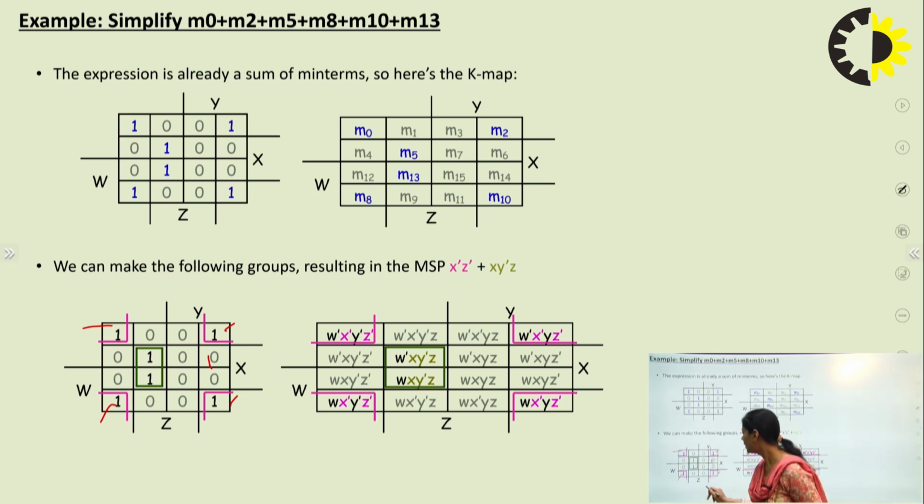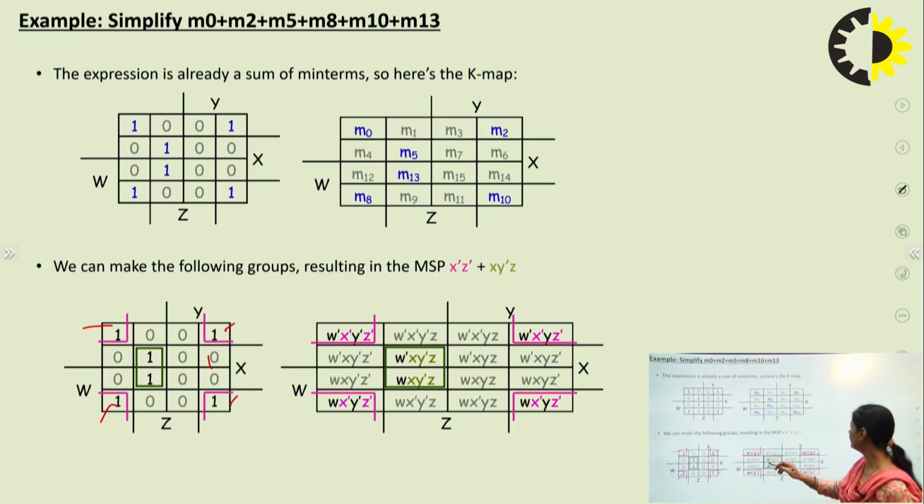So we'll get one term from here and one term will be obtained from here. When we obtain this term, what do we get? From here, we have W complement x complement y z complement and W complement x complement y complement z complement. Again, we'll find out the common literals from here.